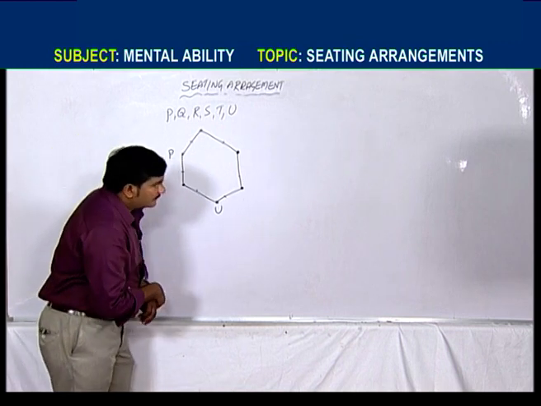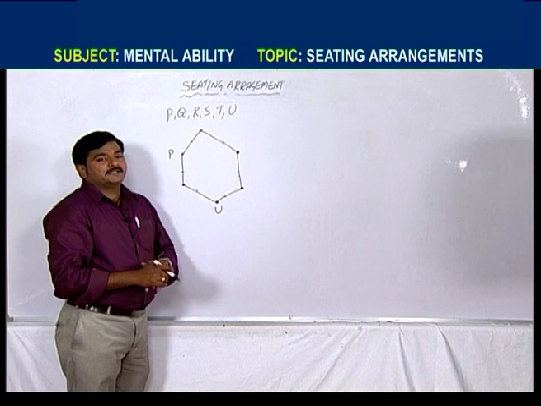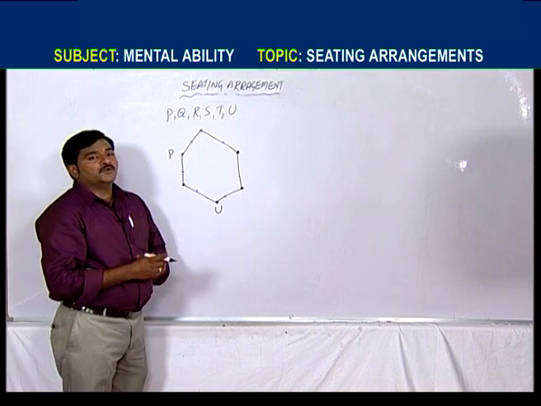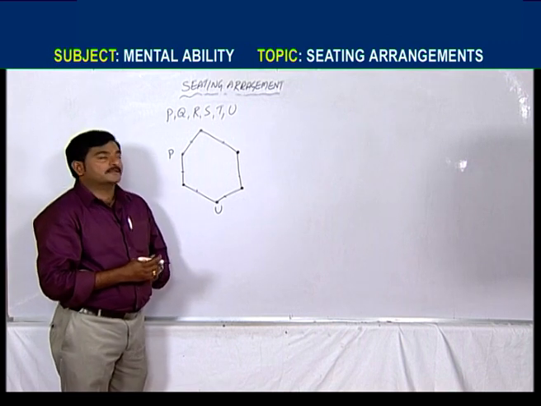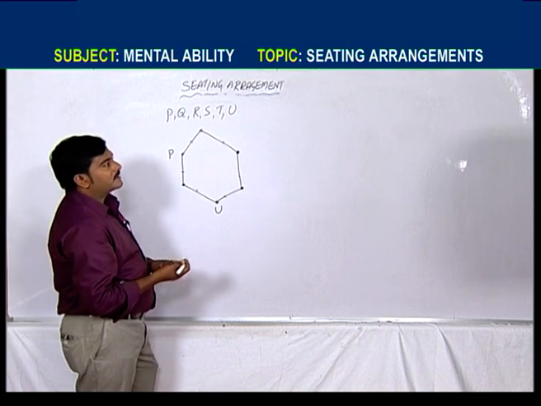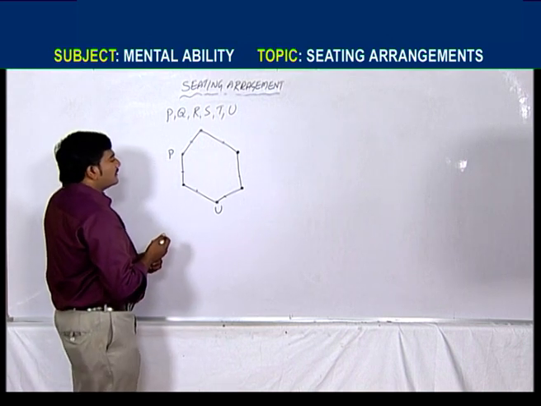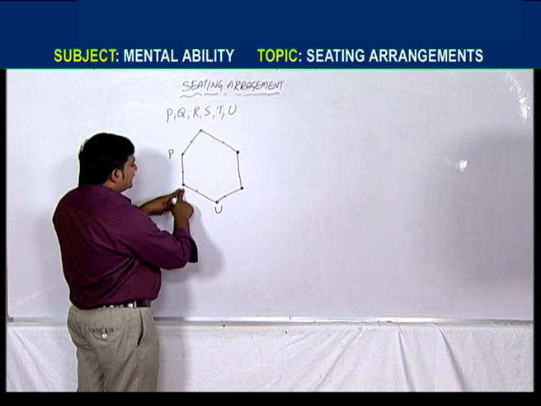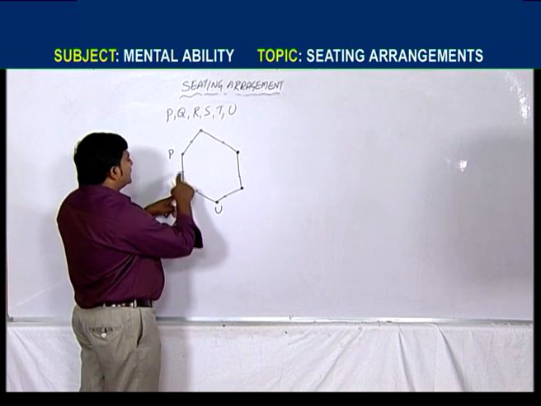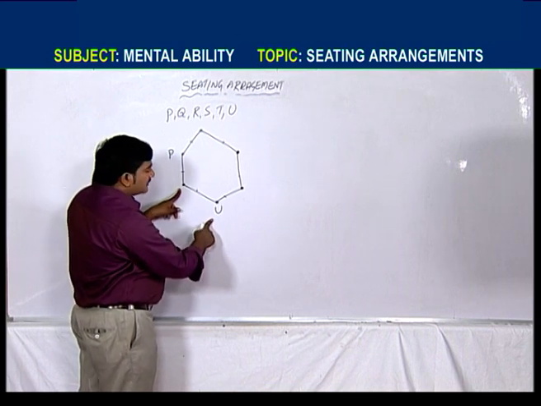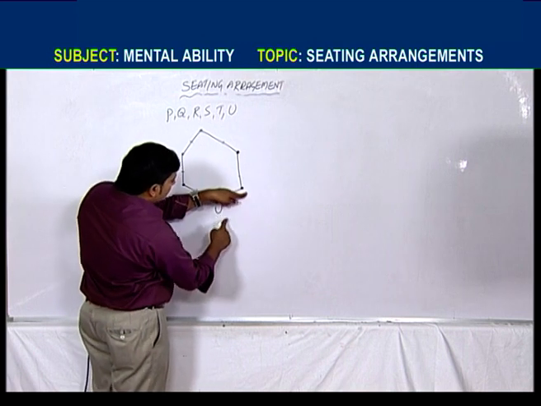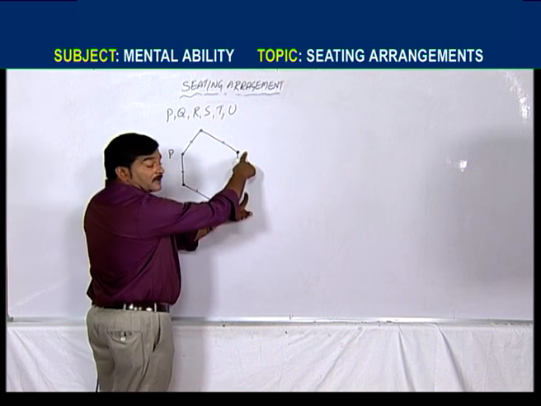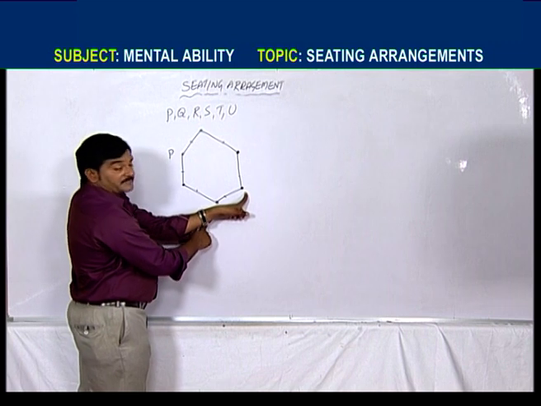Now one more condition. The next condition he mentioned is Q is the neighbor of R and S. For example, if I take Q here, is Q the neighbor of R and S? No. If I take Q here, will you get the neighbors R and S? You may take R or S here, but what about here? This place is already filled.